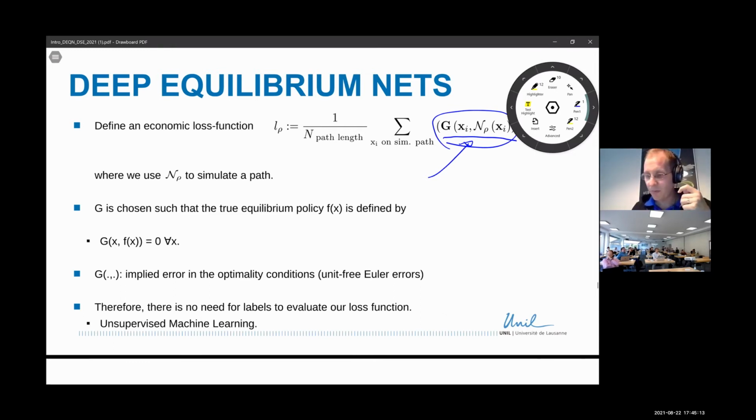Now, what we do is the following. We write down all the equilibrium conditions. That's the first thing. Then we initialize a neural net that encodes the economics.